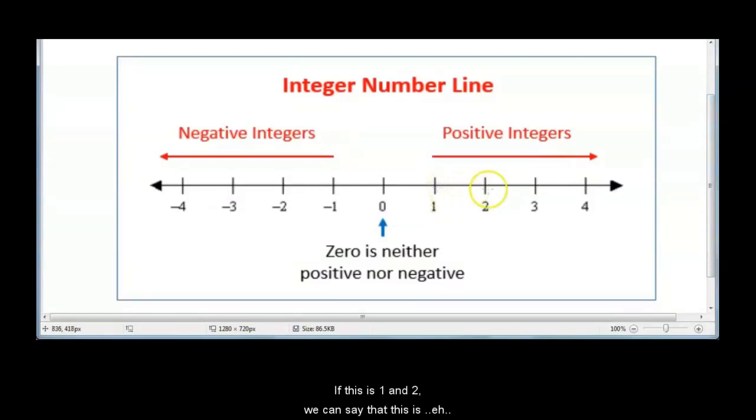If this is 1 and 2, we can say that this is maybe one whole number, let's say this is 2 whole number 3 over 2, or let's say this is 3 whole number 2 over 3. They occur between any two integers.